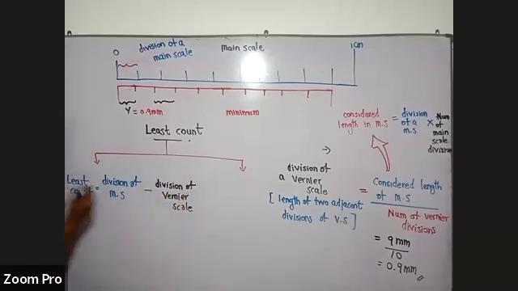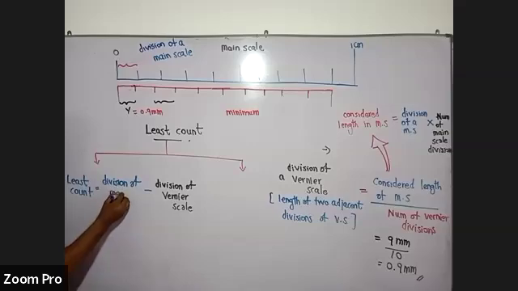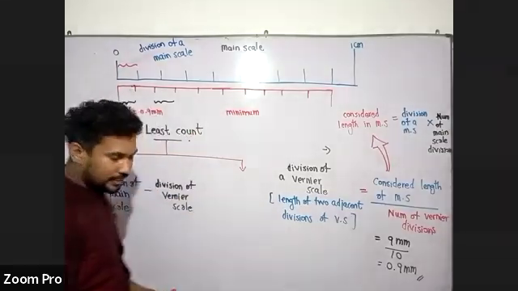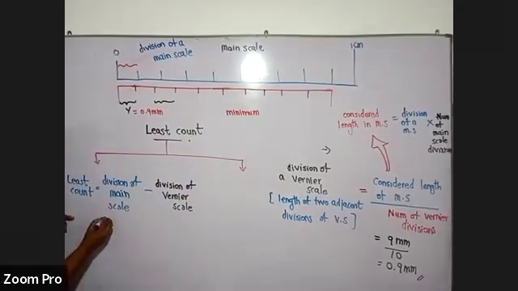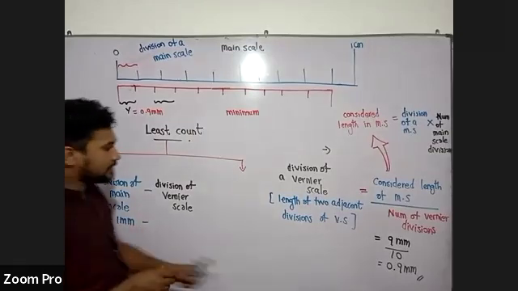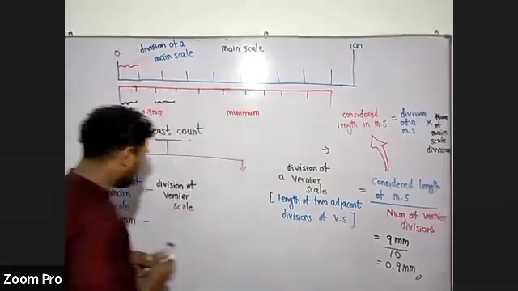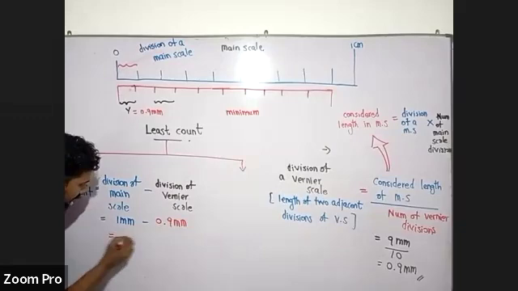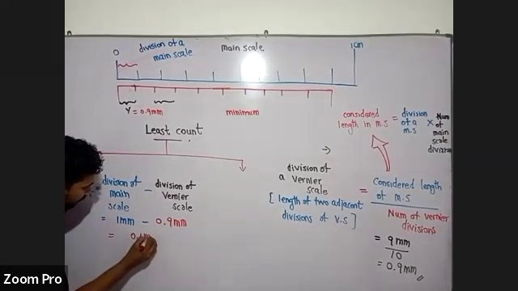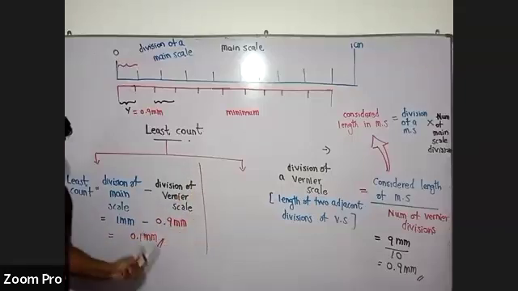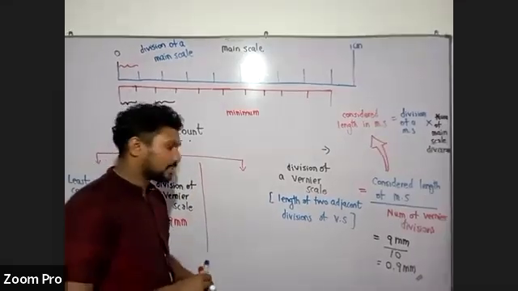According to this given example, division of a main scale is equal to 1 millimeter and division of a Vernier scale is equal to 0.9 millimeter, isn't it? Hence, least count should be equal to 0.1 millimeter. That's the answer, right? So this is the first way that we obtain the least count.